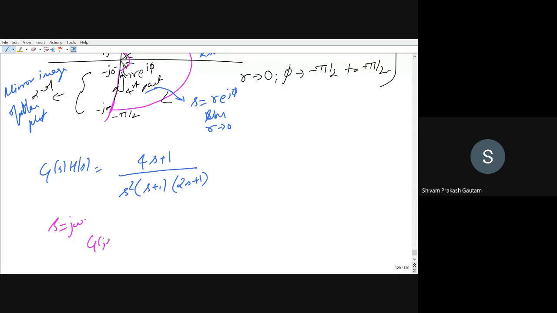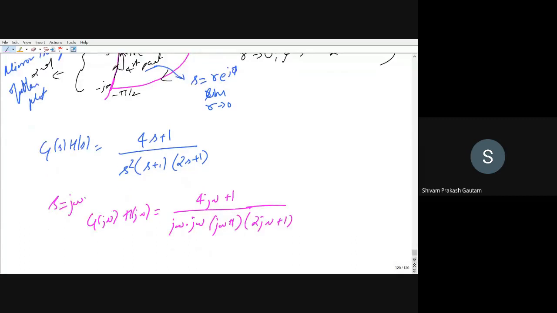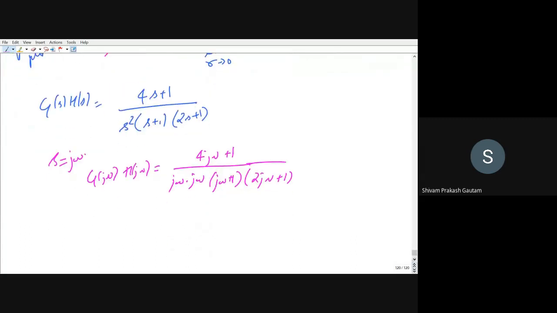So G(j omega)H(j omega) will be equal to (4 j omega plus 1) divided by j omega into j omega into (j omega plus 1)(2j omega plus 1). For this, we have to take out the magnitude as well as the phase. The magnitude of G is: the magnitude of the numerator will be the square root of (4 omega) whole square plus 1 square.